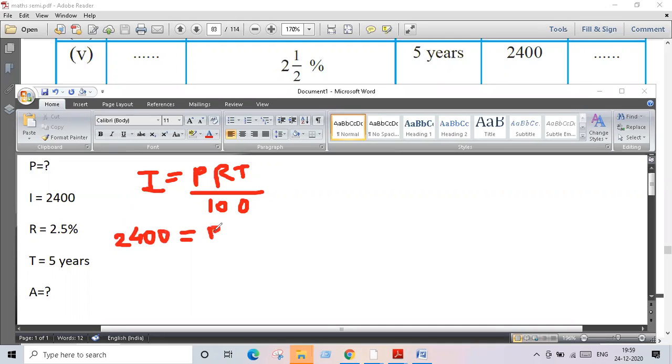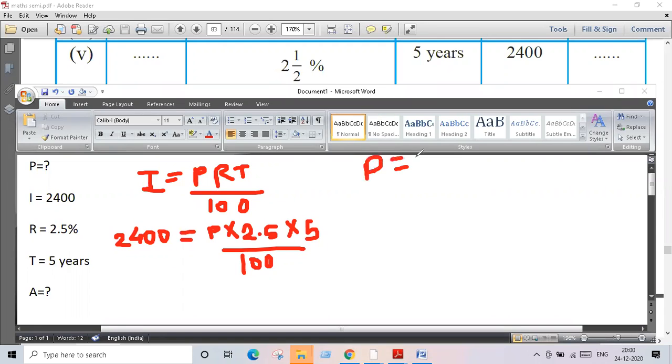P we need to find out. R is 2.5. T is 5 years, upon 100.